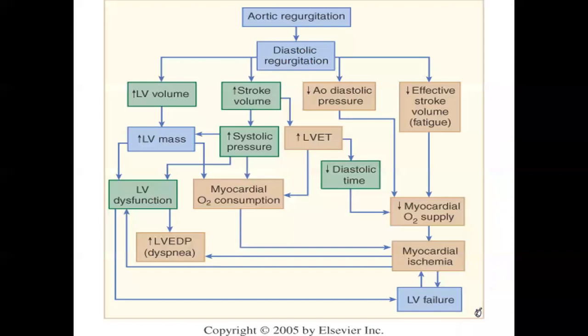The pathophysiology is a very important slide, like we showed you for aortic stenosis, but here you could see this is the pathophysiology of aortic regurgitation. In aortic stenosis there were pressure problems, and here you can see the initial volume problems.